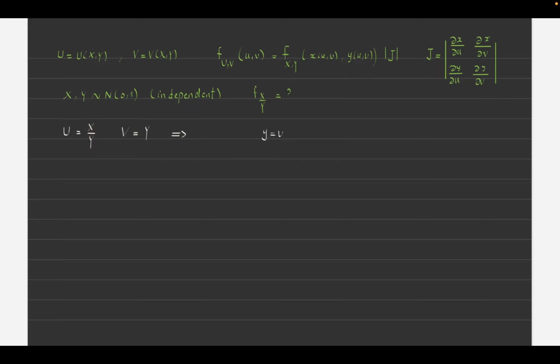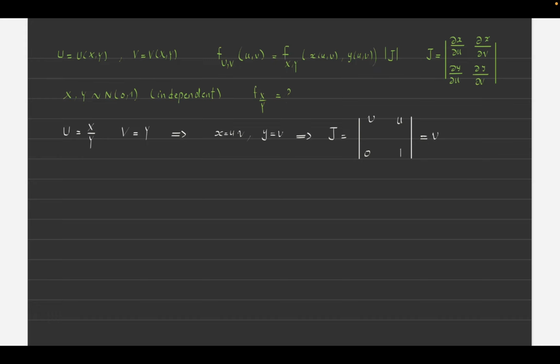So x becomes uv. Okay, and now I can immediately calculate the Jacobian. So the Jacobian will be the determinant of the partial derivative of x with respect to u, which becomes v, partial derivative of x with respect to v, which this time becomes u, then partial derivative of y with respect to u, 0, and this one, 1. So if I calculate this determinant, it becomes v.